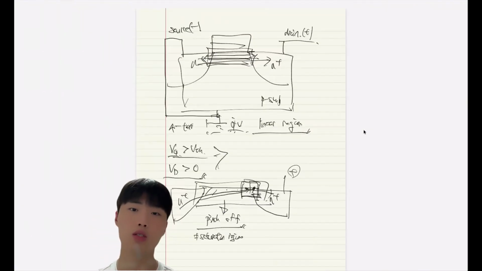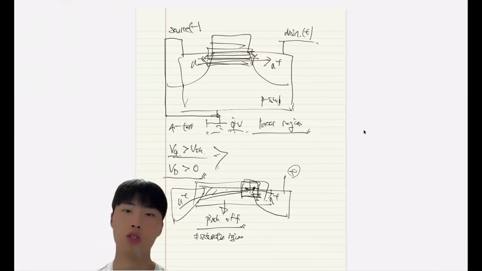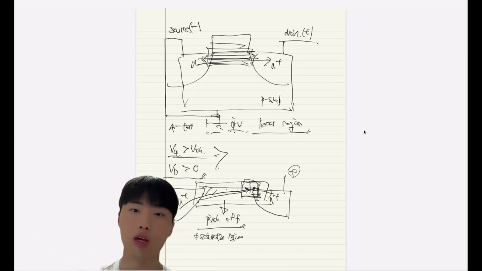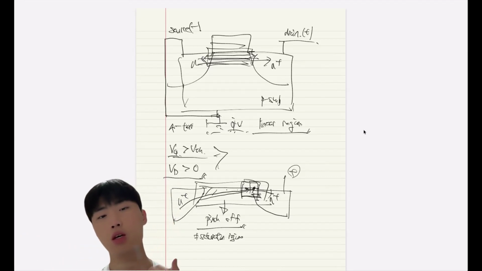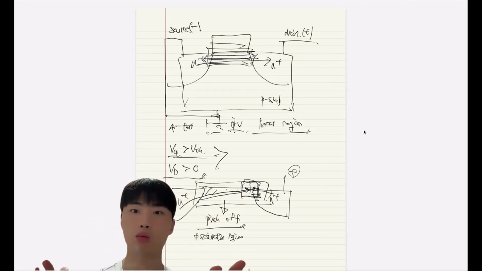So this was the NMOS MOSFET. We use the N plus polysilicon on the source and drain, and we use the N channel. So we say this is the NMOS. And when we use P plus polysilicon on the source and drain, we make the P channel.